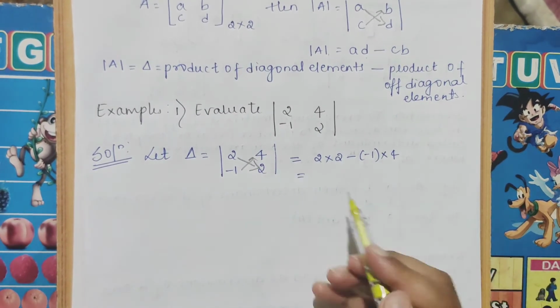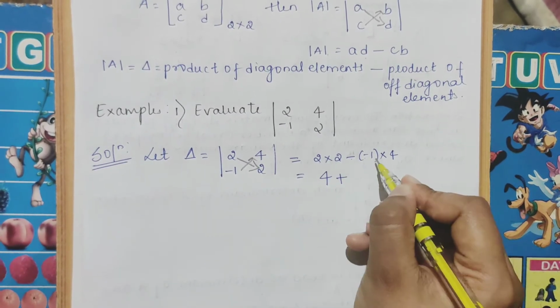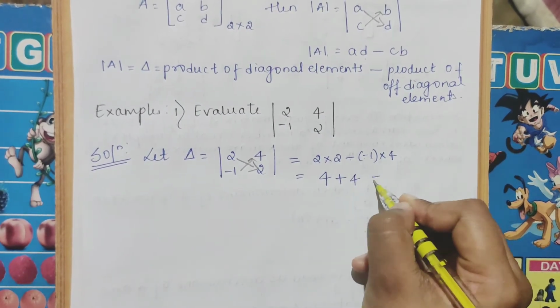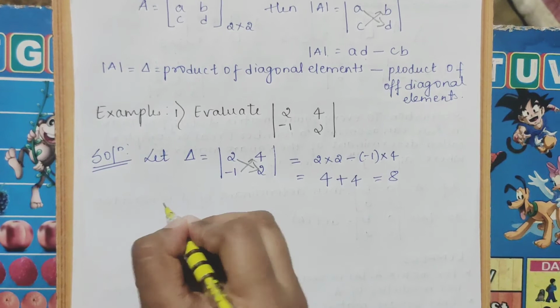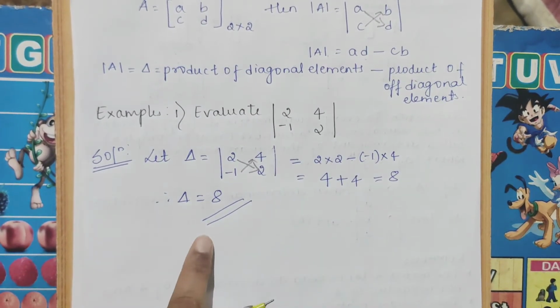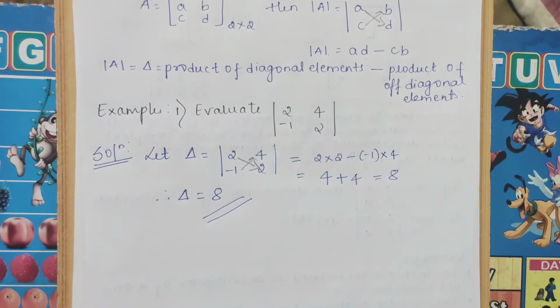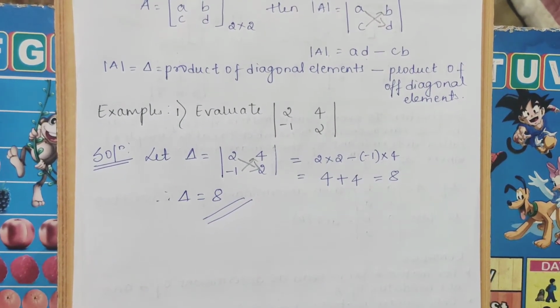So what will it be? 2 into 2 is 4. Minus into minus becomes plus, so 1 into 4 is again 4, and your answer is 8. Therefore, delta is 8. This is your value for this particular determinant of order 2 cross 2.